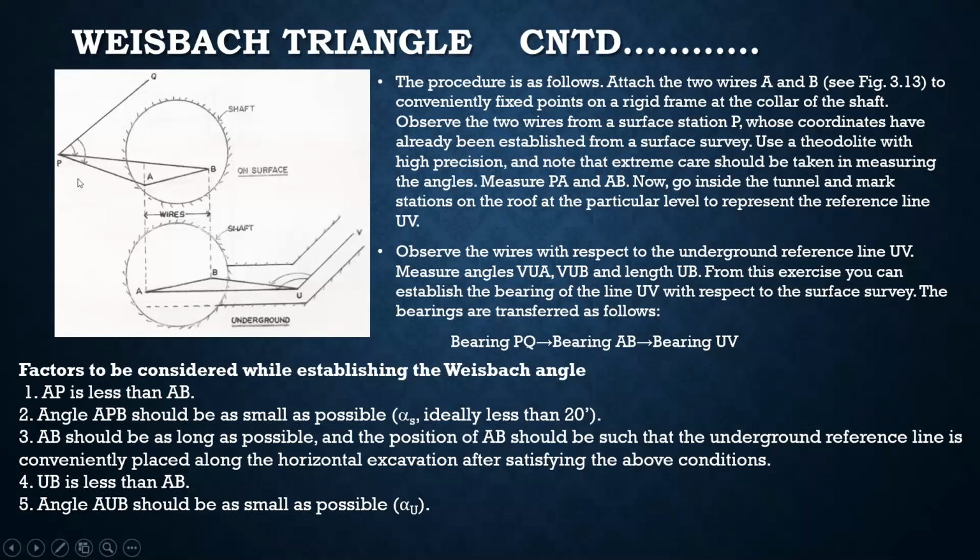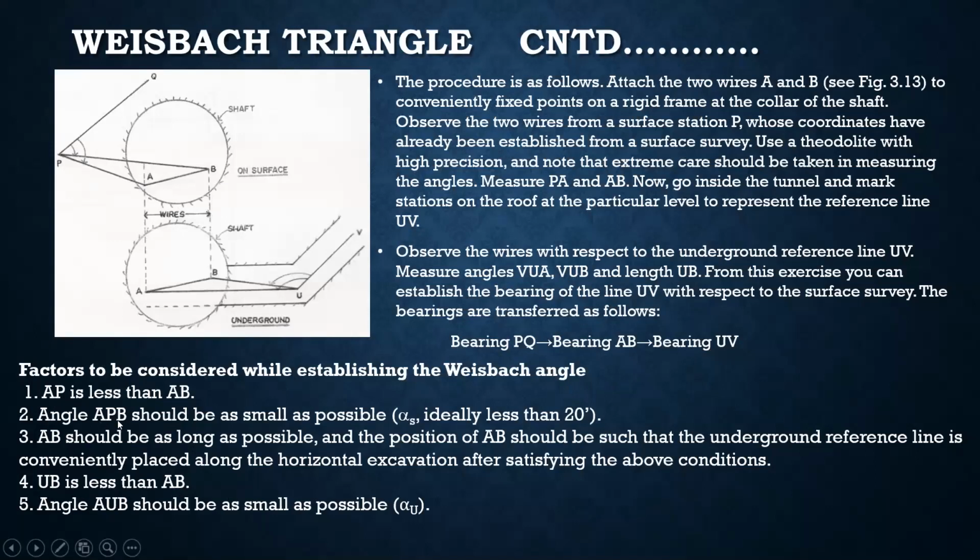Now, when we are establishing this AB with 2 wires hanging in the shaft, you have to pay very close attention to these factors. AP is less than AB. This P has to be as close as possible to A, so that PA will be less than AB.